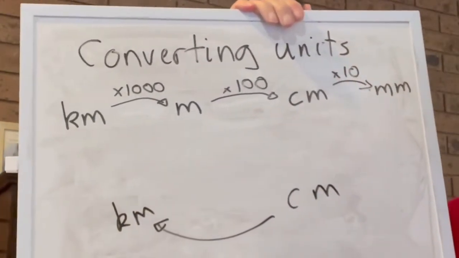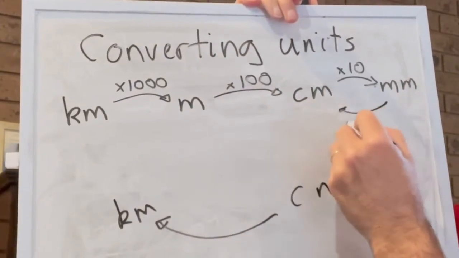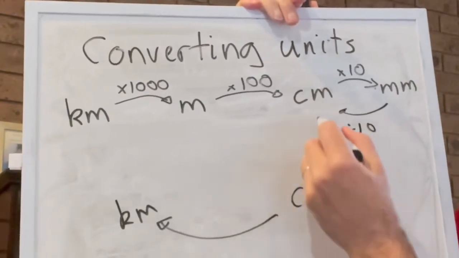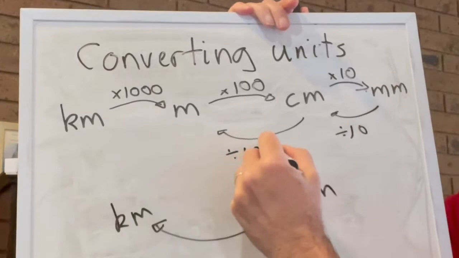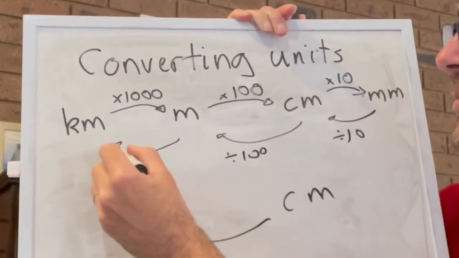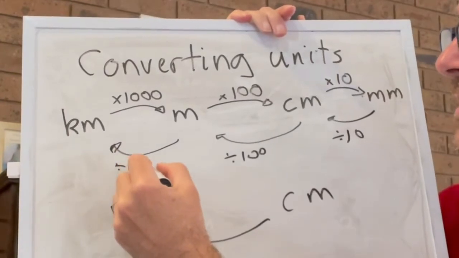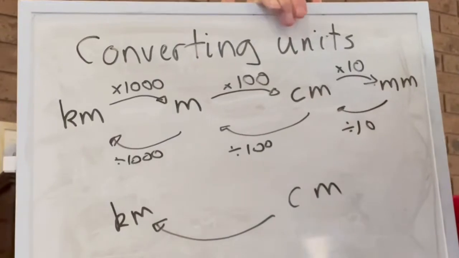In order to do this, we would go back from millimetres and we would divide by 10 for millimetres to centimetres, divide by 100 to go from centimetres to metres, and divide by 1,000 to go from metres back to kilometres, following that same process.